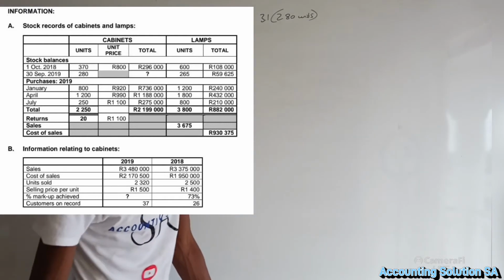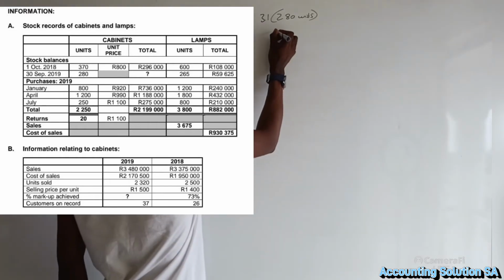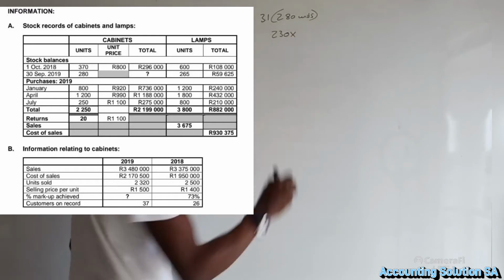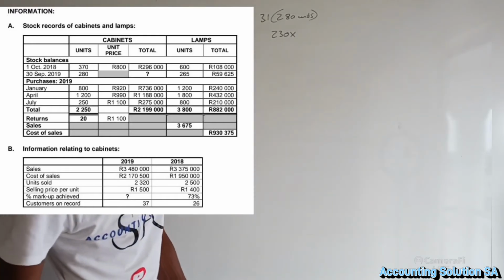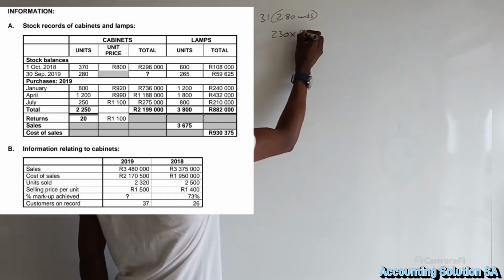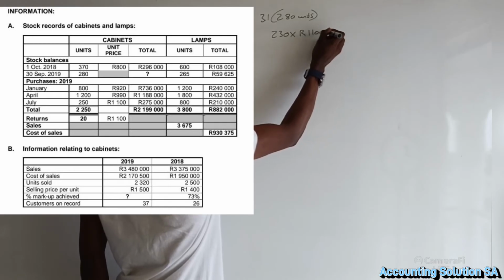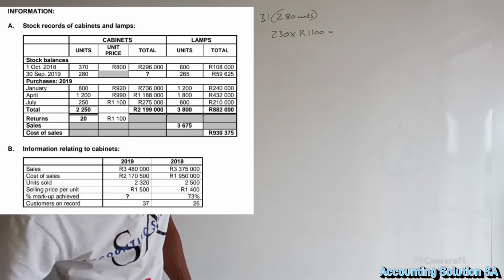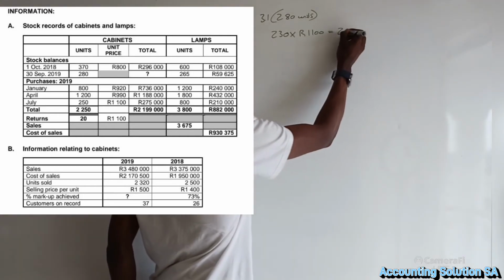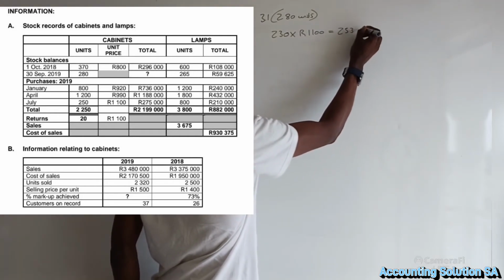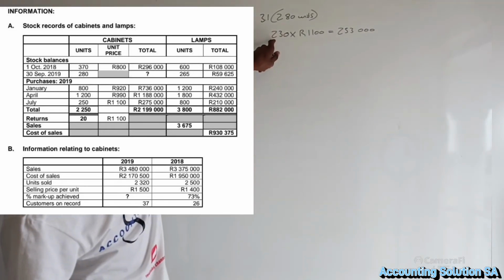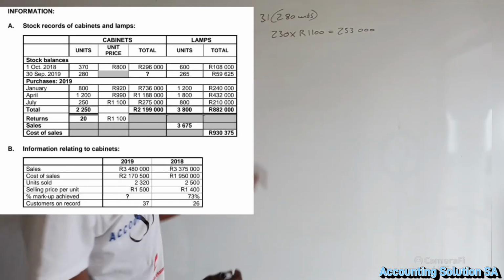So instead of 250 you are going to say 230 multiplied by the cost of this inventory, 1,100, and it gives you an amount of 253,000. But this 230 is not equal to 280, which means that we are not yet done.